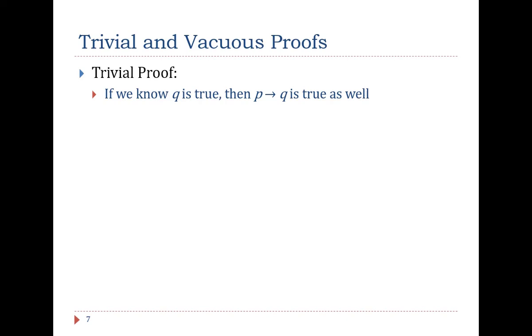Example: if n is even, then 1 is equal to 1. Such theorems are not really useful in the first place, but just in case you're interested in such a property, you can easily prove it, because Q is always true, no matter what P is.